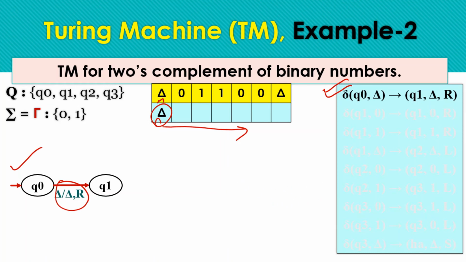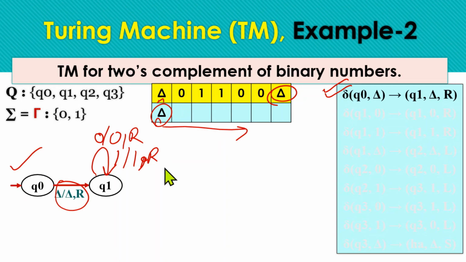Now from Q1 we need to arrive at the next blank, meaning we just move from left to right until we get the next blank. So here we can have a loop at Q1, and simply replace 0 with 0 and keep moving right, replace 1 with 1 and keep moving right until we get the next blank, because blank shows the other end of the string.